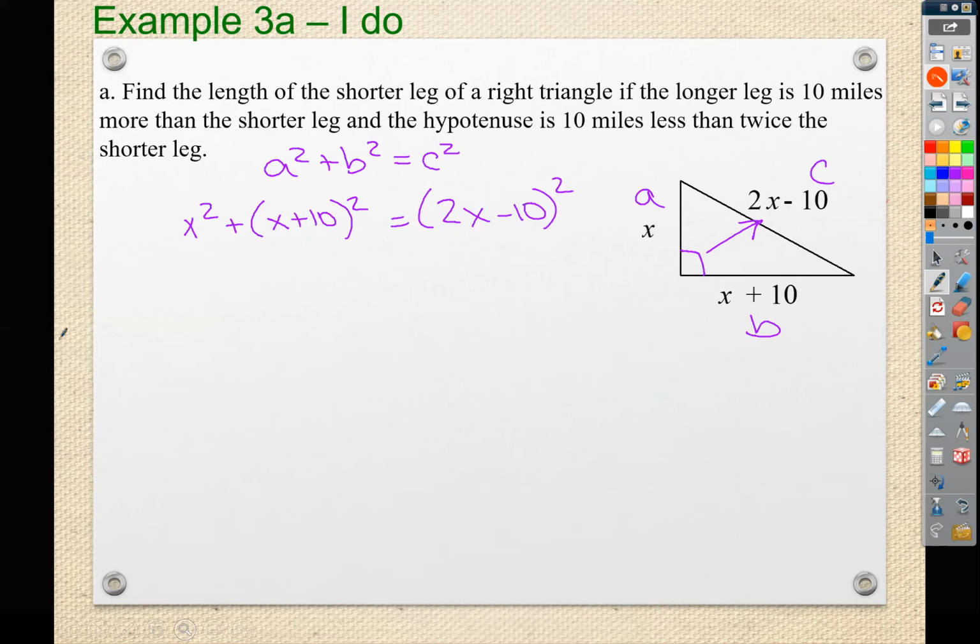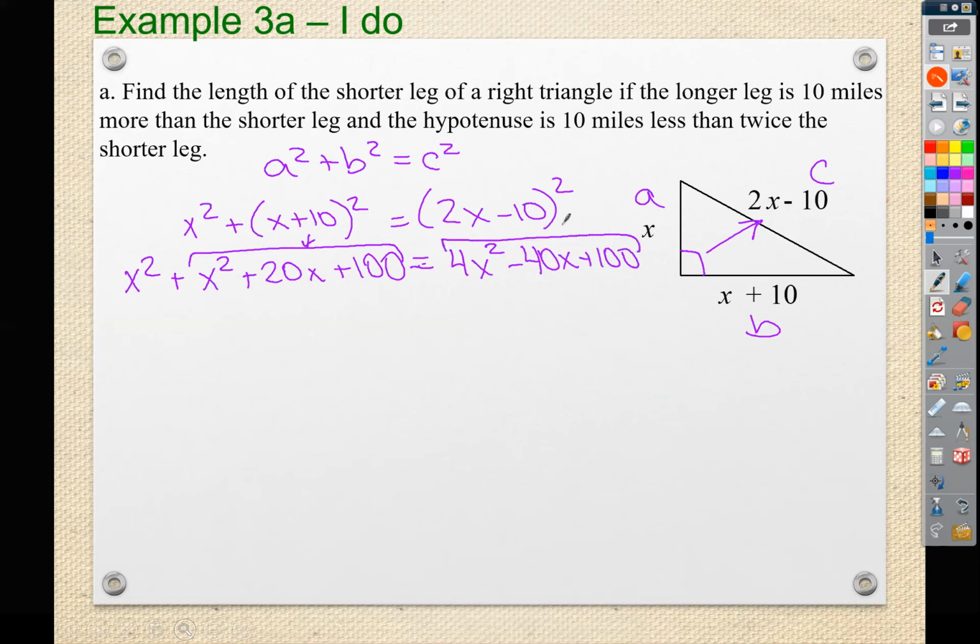So you're going to get x squared plus (x plus 10) squared, which is x squared plus 20x plus 100, equals, squaring that, 4x squared minus 40x plus 100. And that is (2x minus 10) squared.